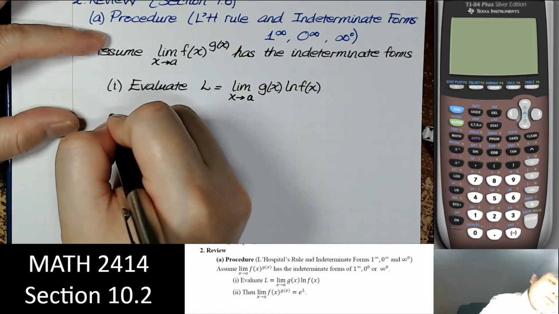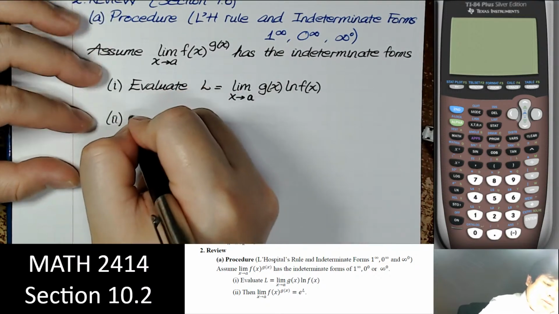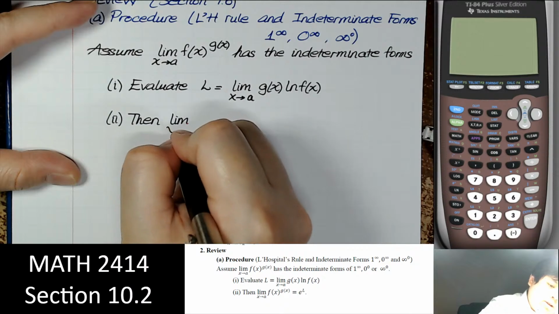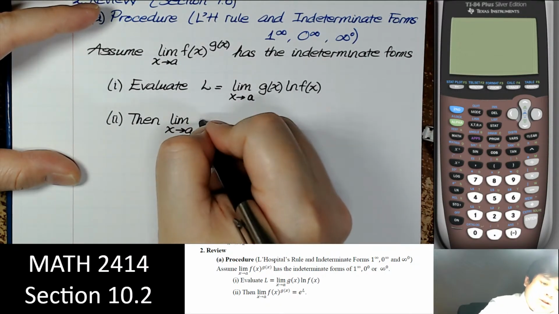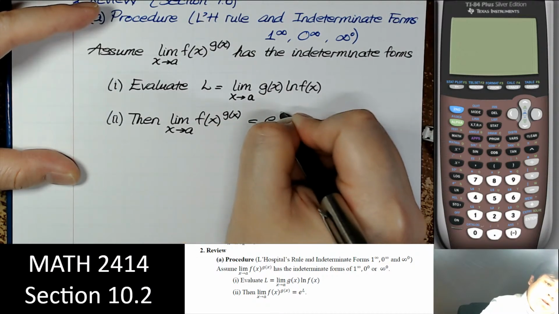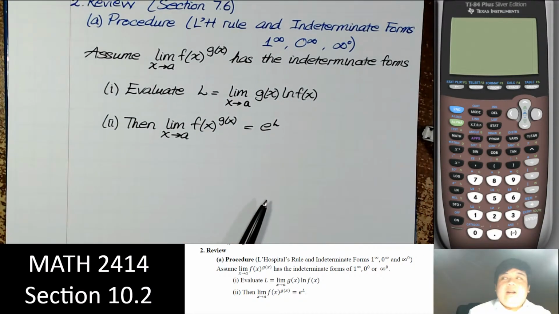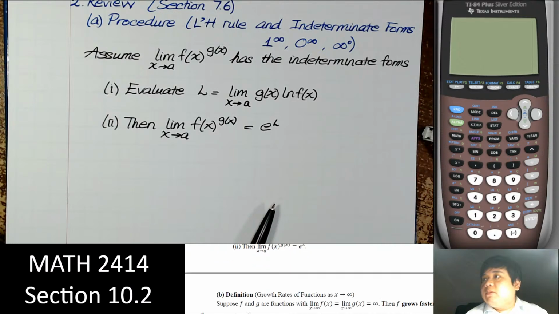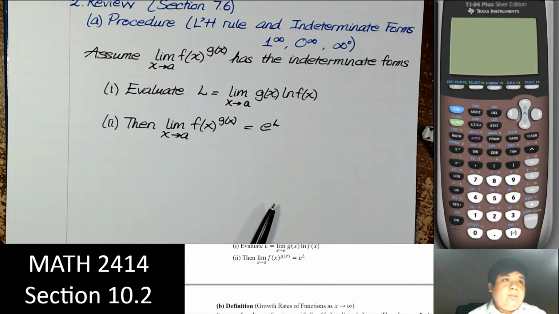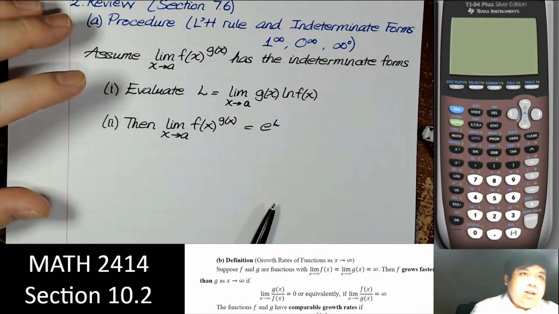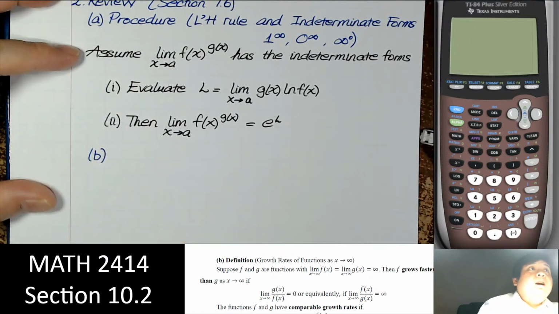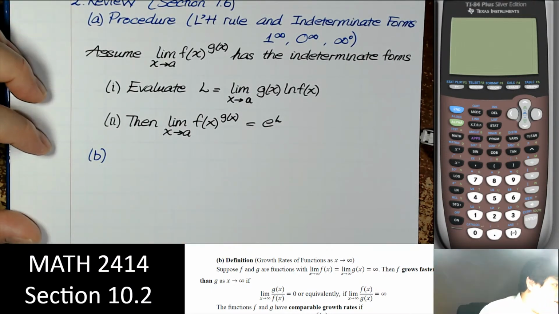And bring the power down. Finally, that. Next, the growth rate. Now we just review section 7.6.